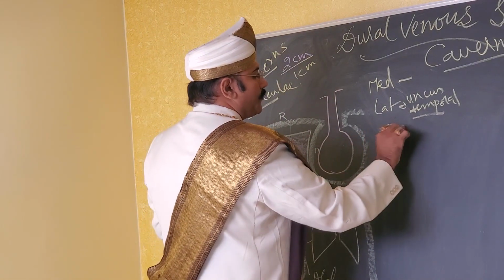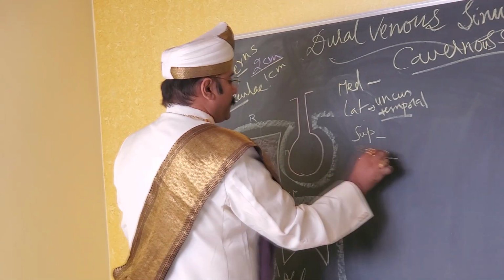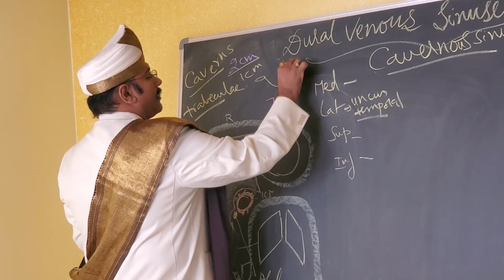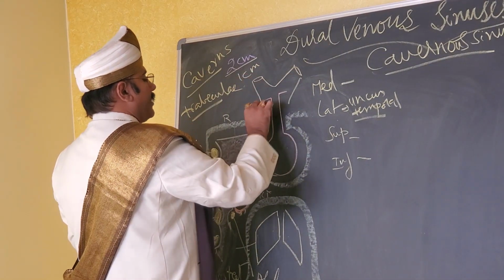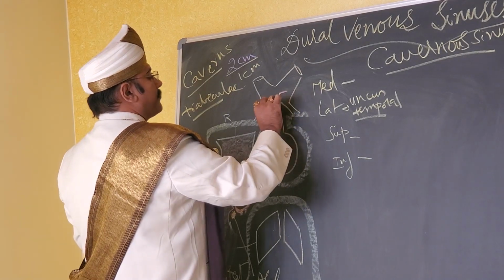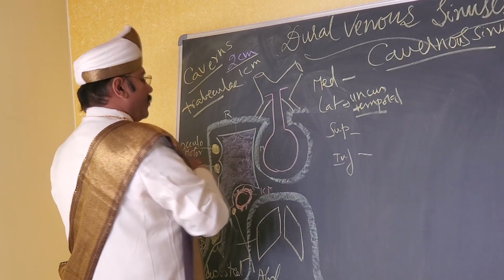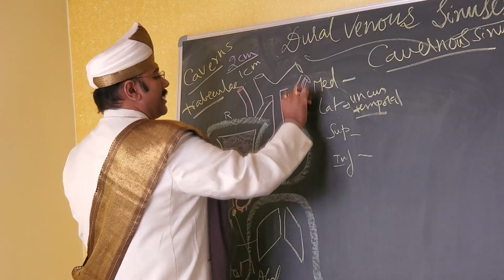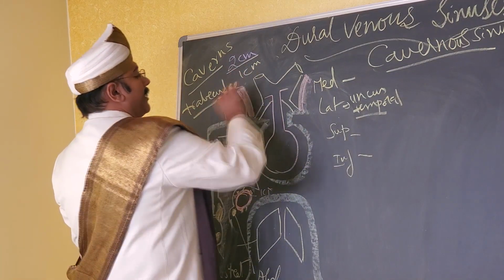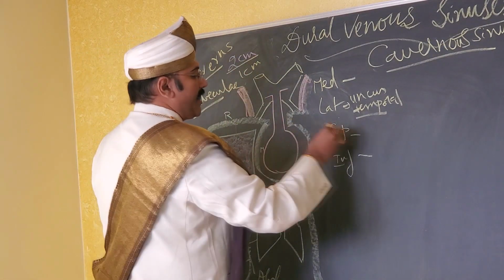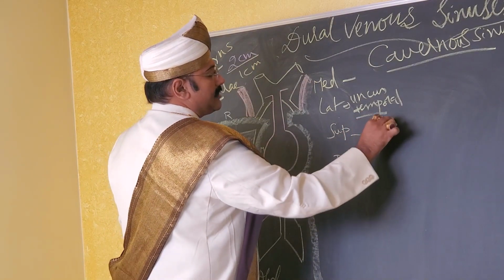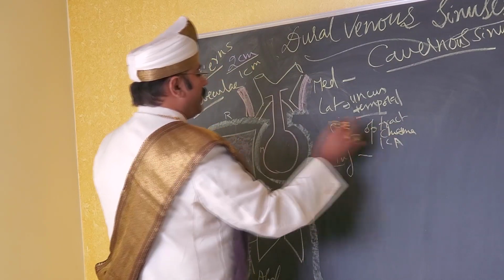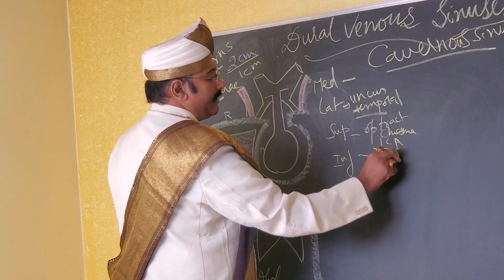Now what is present superiorly and inferiorly? Superiorly, you have got the optic tract and the optic chiasma. You also have the internal carotid artery, and then you have got the anterior perforated substance.